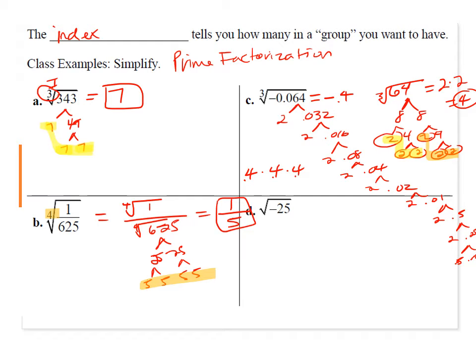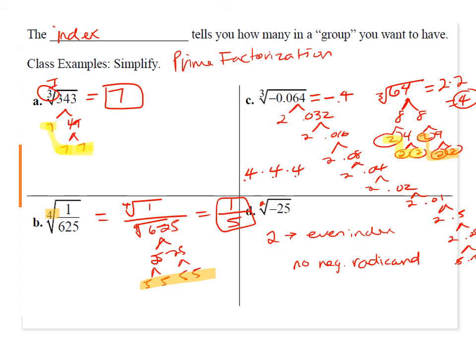Here, I have the square root of negative 25. When there is no index, your automatic index is 2, so you're taking the square root. Well, 2 is an even index, and because it's an even index, I cannot have a negative radicand.